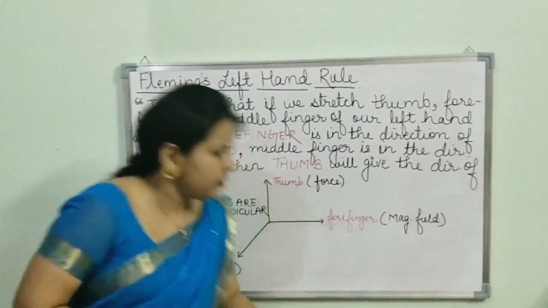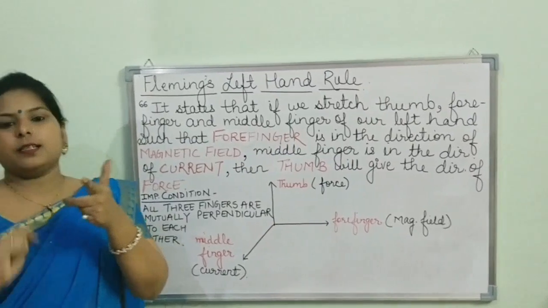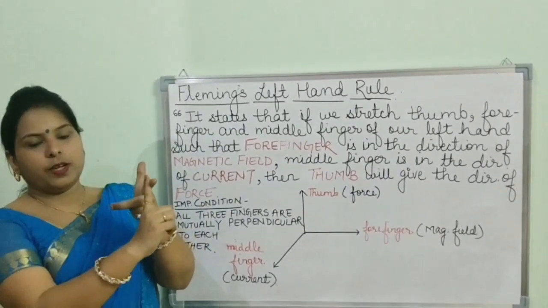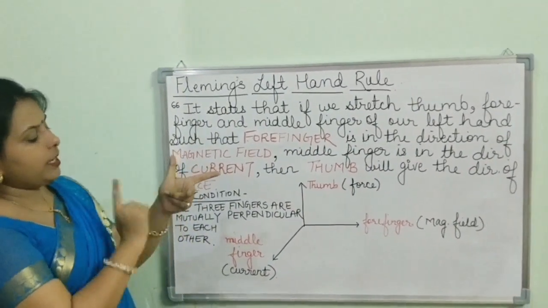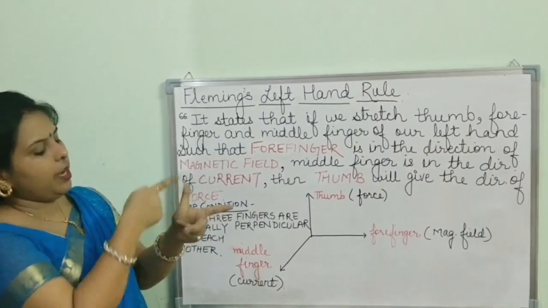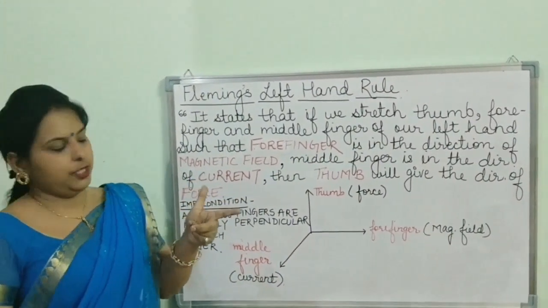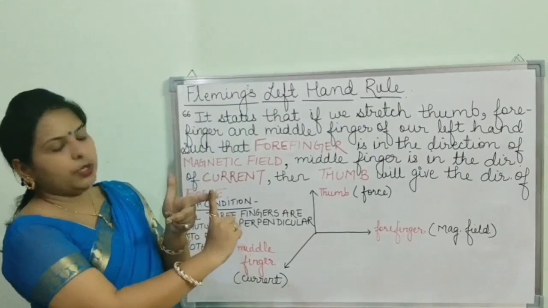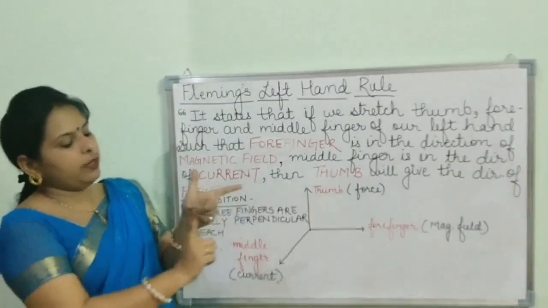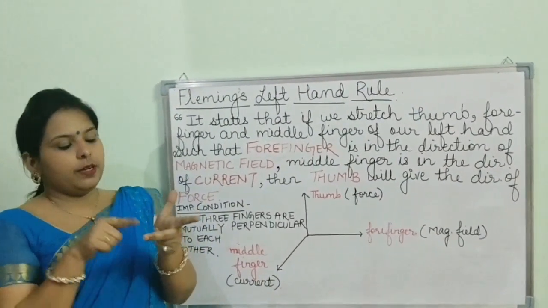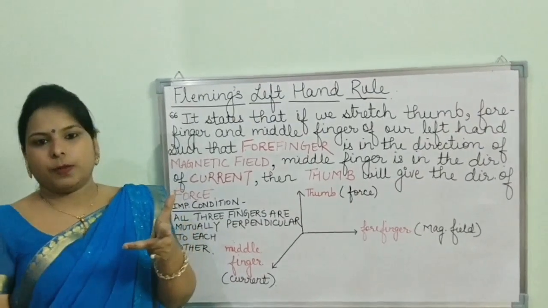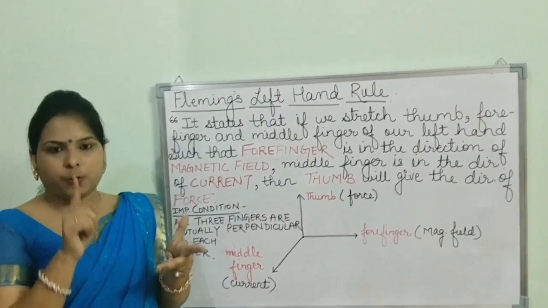Now, these are the three fingers. This is the thumb, forefinger and middle finger. And the condition is all three are mutually perpendicular to each other. My thumb is perpendicular to my forefinger, which is perpendicular to my middle finger, and the middle finger is perpendicular to my thumb. So this is the important condition that we have to follow.